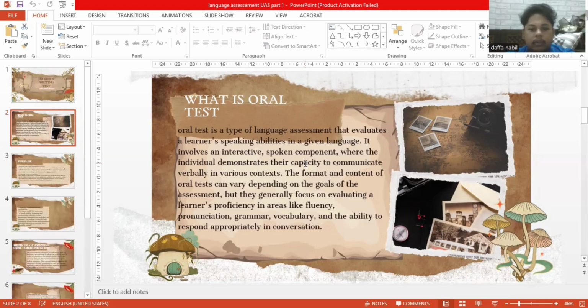The format and content of oral tests can vary depending on the goals of the assessment, but they generally focus on evaluating a learner's proficiency in areas like fluency, pronunciation, grammar, vocabulary, and the ability to respond appropriately in conversation.